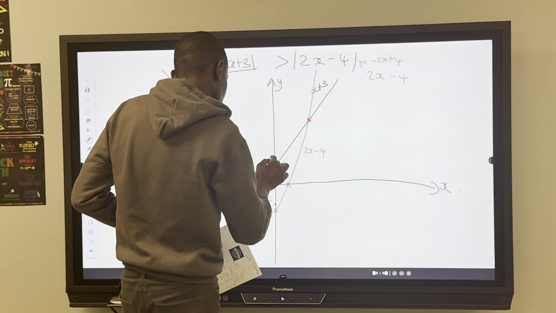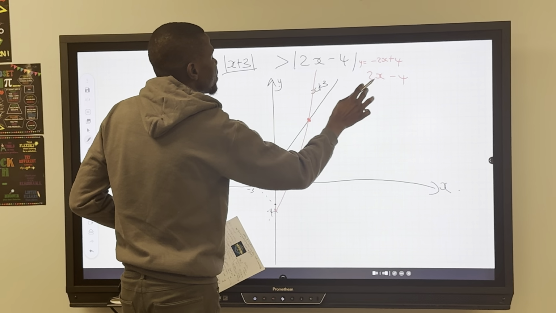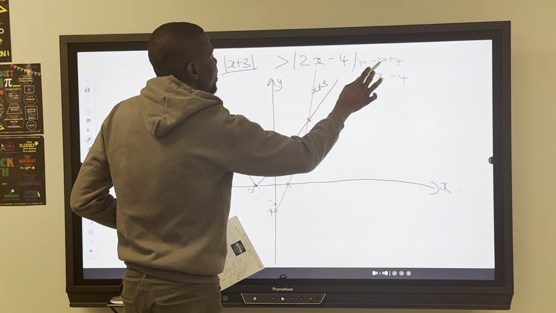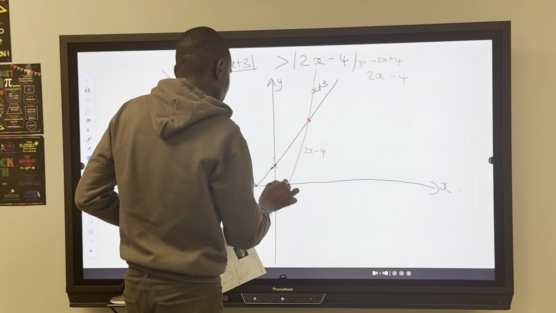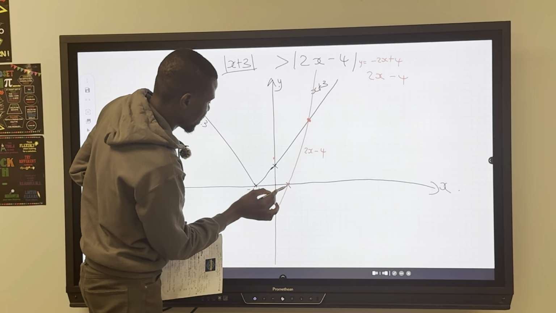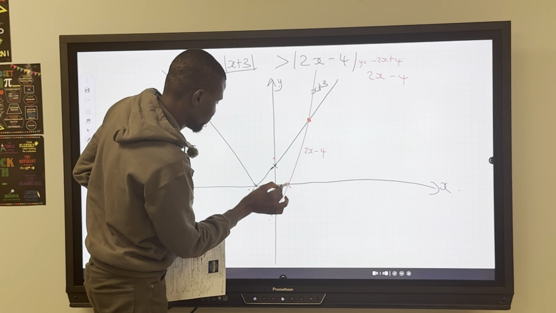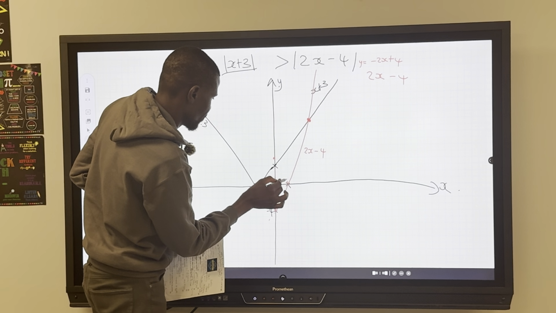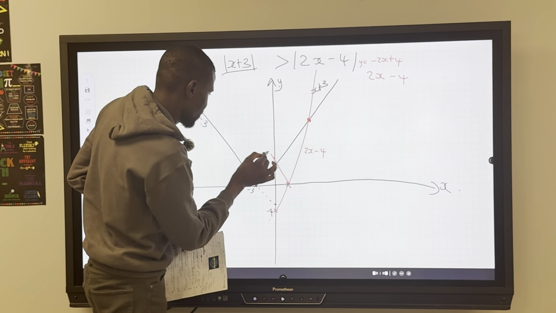So I have this part here. Then when y is 0, x is 2. Okay. So it's this part. All right, no worries. It's that part now.